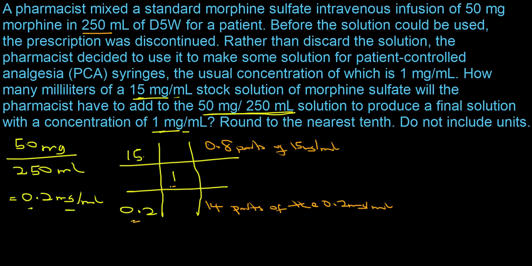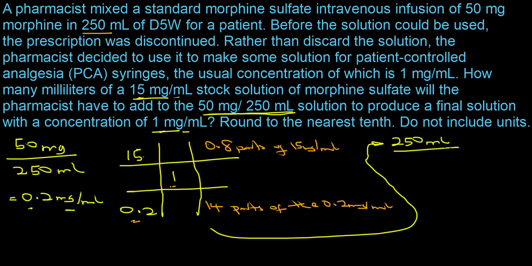So what that means is that the 250 milliliter volume goes with the number of parts of the 0.2 milligram per ml solution, and that's 14. And so we can set this equal to some volume that we are looking for over the number of parts of the 15 milligram per ml, which is 0.8.